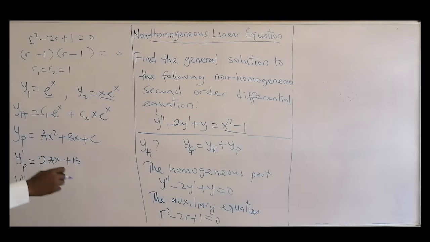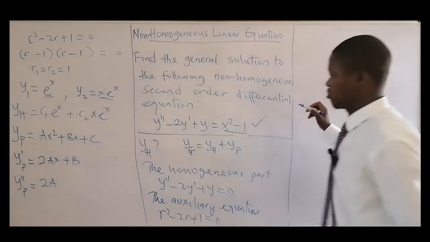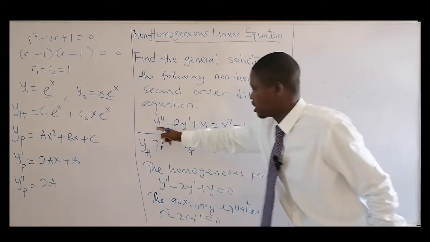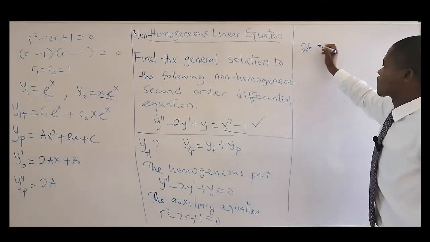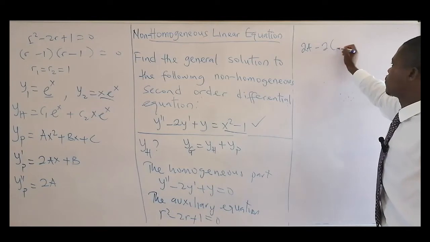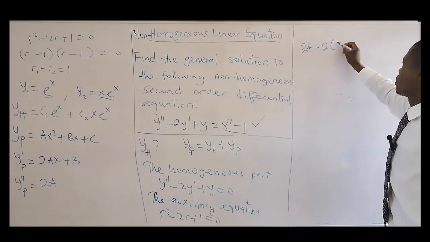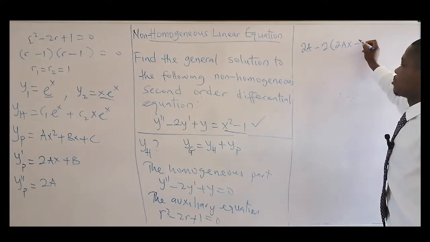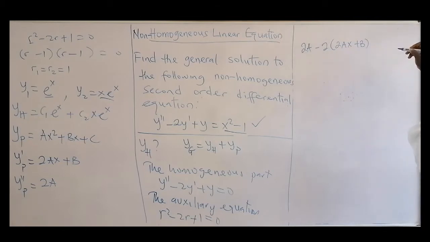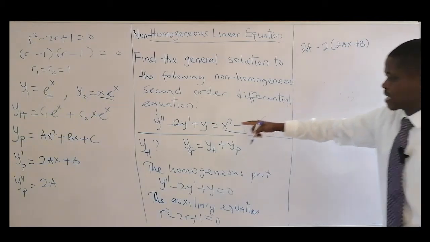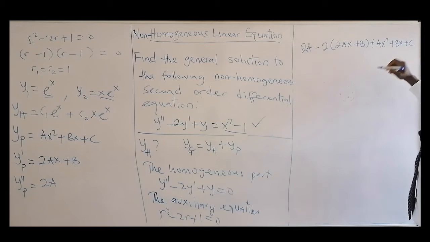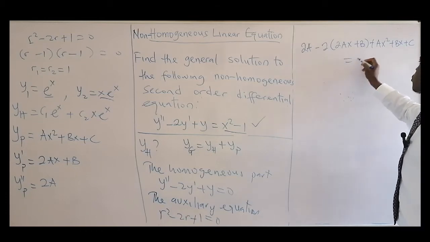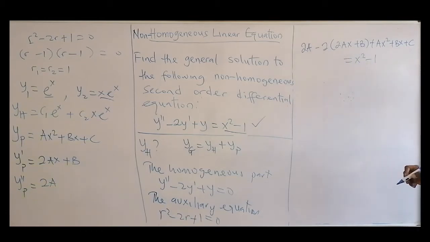Okay, then substitute into this non-homogeneous equation, which will be equal to the second differential, that's 2a, minus 2 into bracket first differential, which is 2ax plus b, then plus y. y is just the polynomial ax squared plus bx plus c, equal to x squared minus 1.